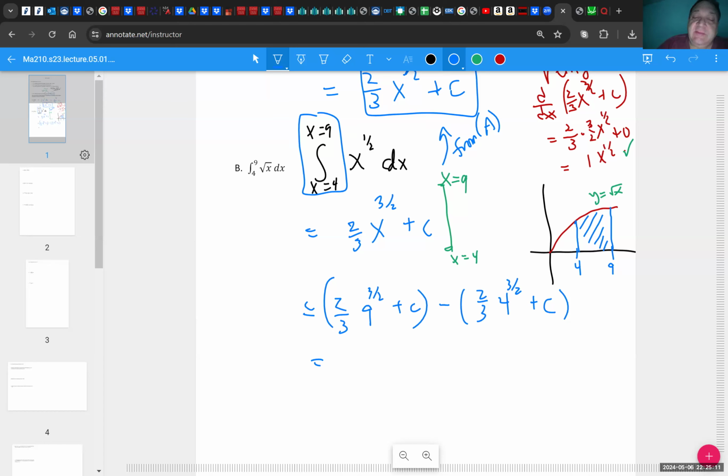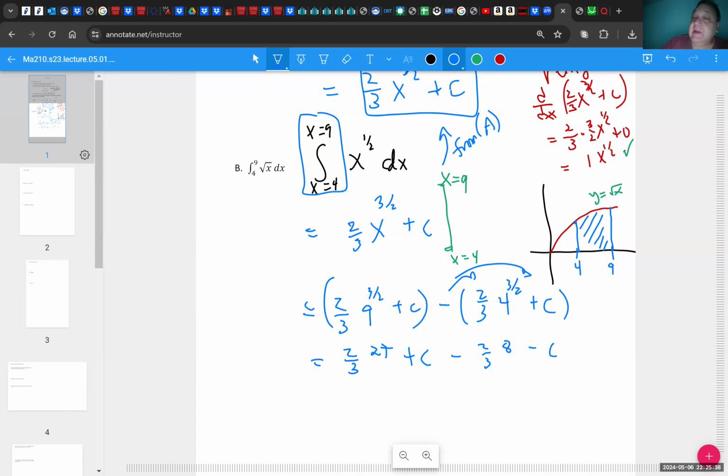So 9 to the 3/2 you can do on a calculator, or you can do by hand. The square root of 9 is 3, and 3 cubed is 27. So this is 27. And here, 4 to 3/2, the square root of 4 is 2. 2 cubed is 8. So this is minus 2/3 times 8. And then I also have a minus c because I have a minus both of these guys, right? Remember the distributive property.